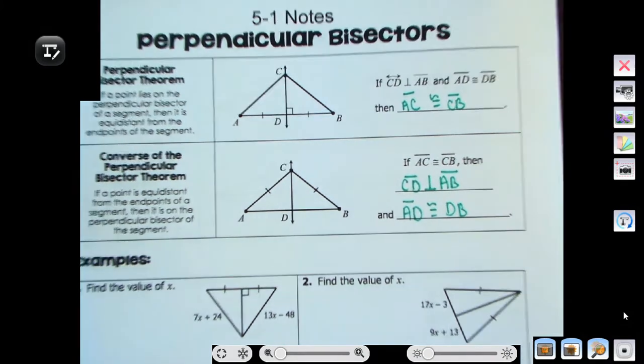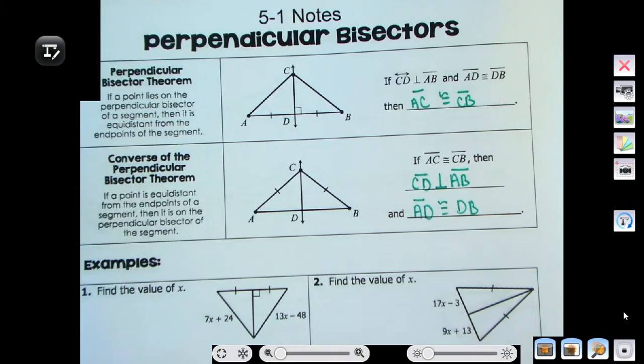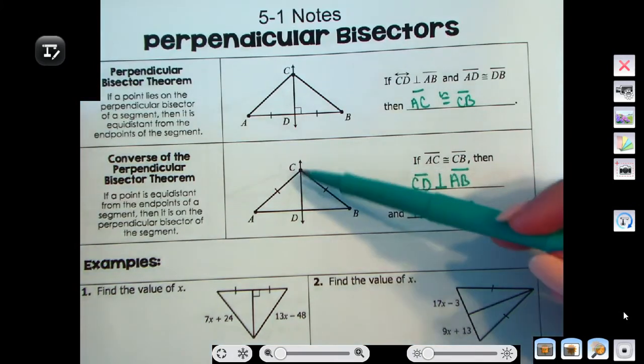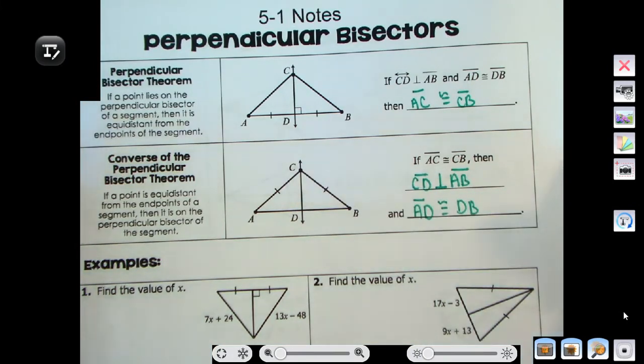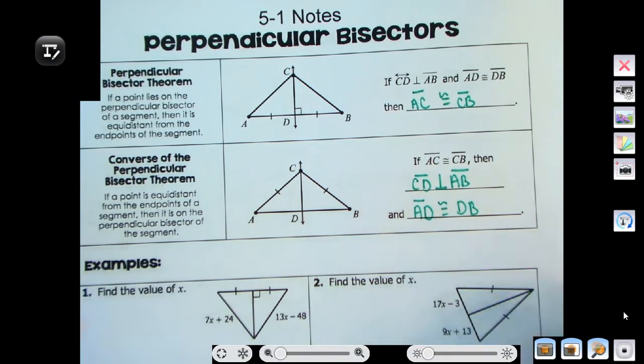All right, so just the opposite of that. So if a point is equidistant from the endpoints of a segment, then it is on the perpendicular bisector of the segment. All right, so all of that is a lot, and we're going to use it to solve these examples here, which is just finding x.